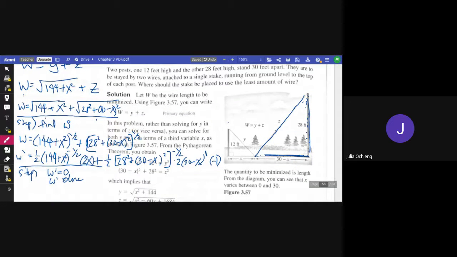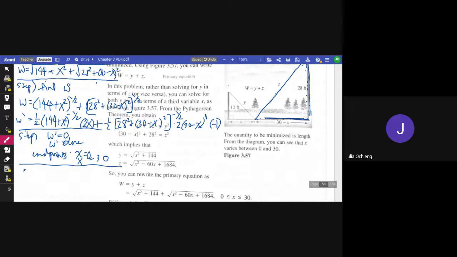You're also going to want to find the endpoints of this situation. So the smallest value for x is going to be x equals 0. x is this bottom part, so the smallest it can be is 0. The largest it can be, since these two add up to 30, is 30. So the endpoints are x equals 0 and x equals 30. I'm not going to bother with any values where x is less than 0 or greater than 30.